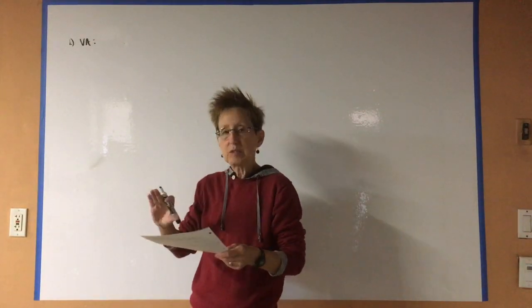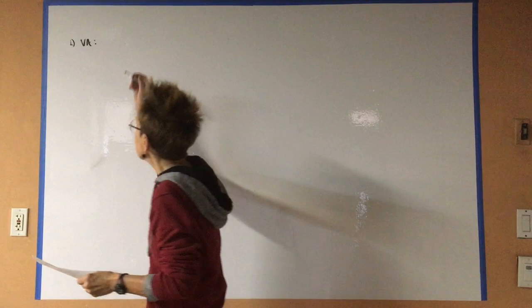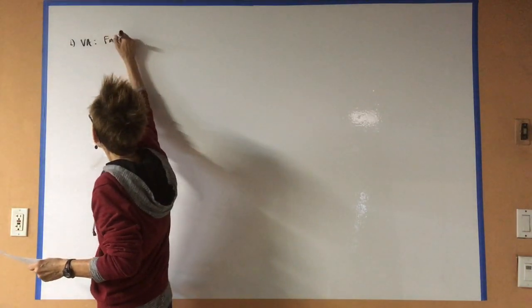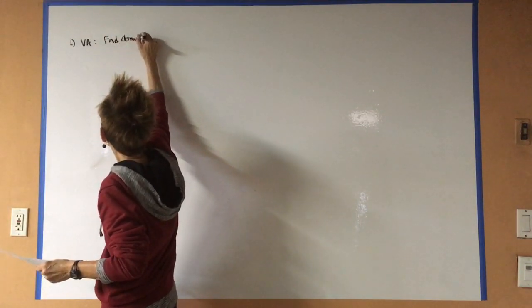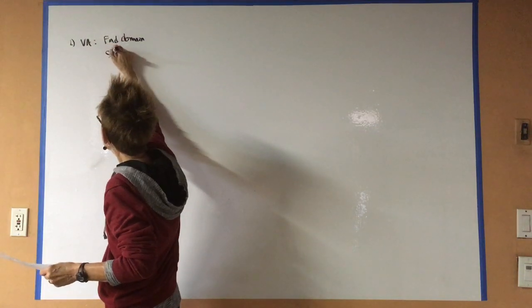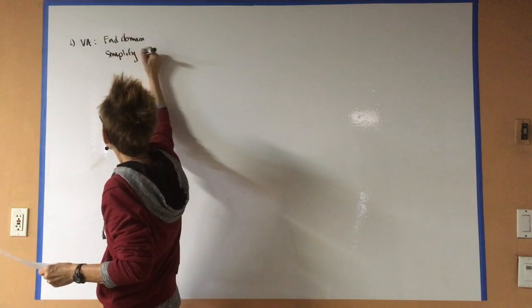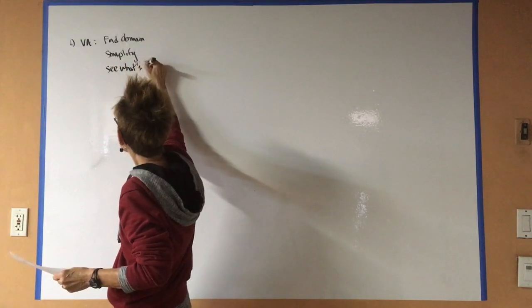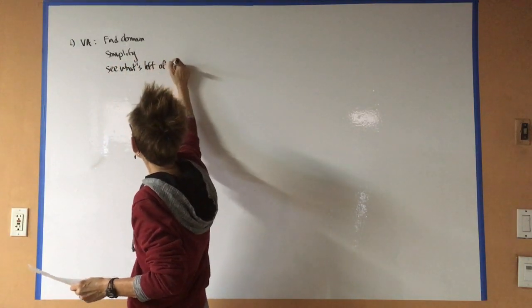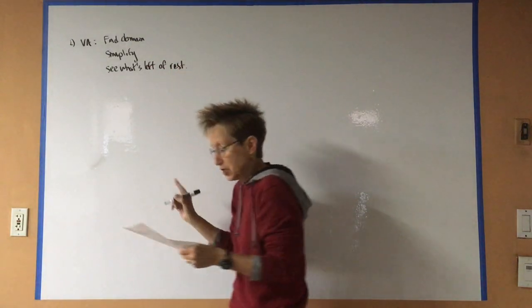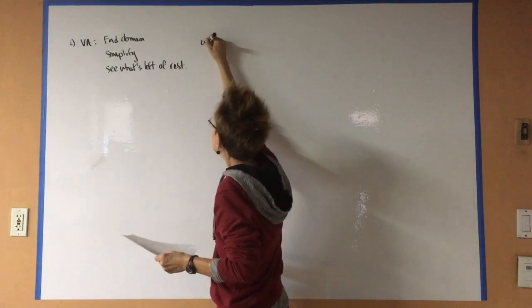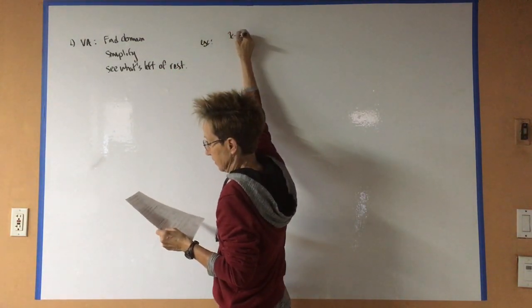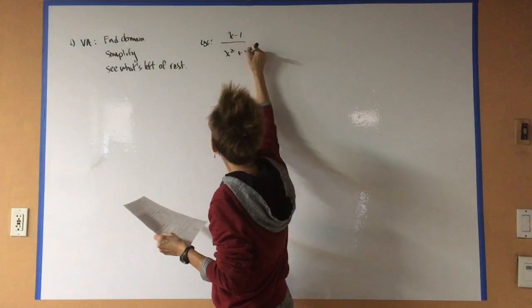So it's kind of a two-step phase here: first we're going to find the domain, and then simplify, and then see what's left of the restrictions. As an example, I wrote down x minus 1 over x squared plus x minus 2.